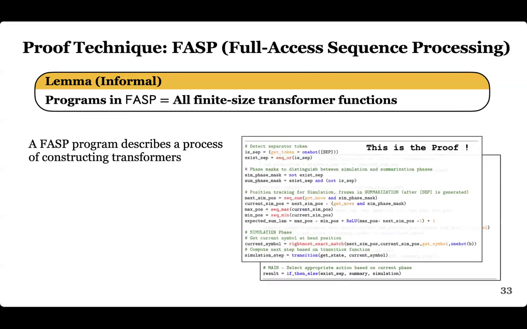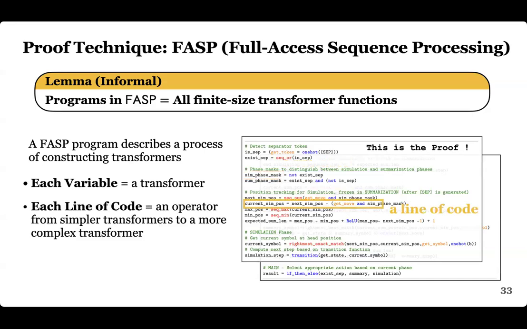Here is the proof. A FASP program describes a process of constructing transformers. Here is the high-level idea of the correspondence between a FASP program and the transformer architecture. In the program, each variable refers to a transformer, whose forward process produces the result corresponding to this variable.